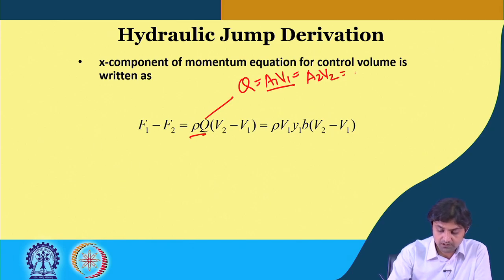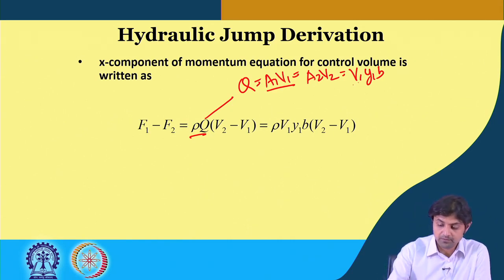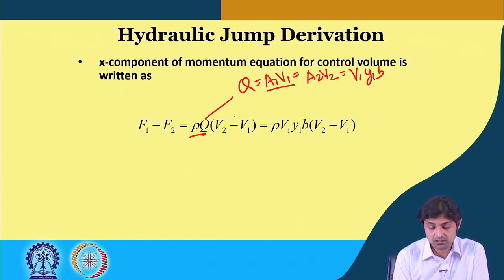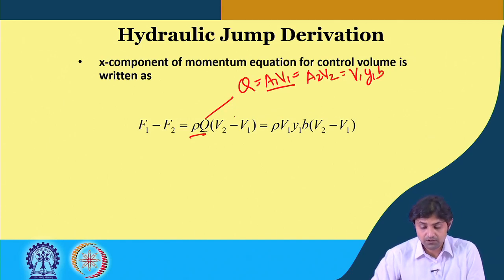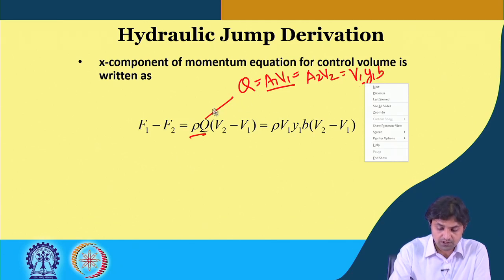A1 V1 is V1 Y1 into B, where B is the width, multiplied by V2 minus V1, the difference of the velocities between sections 2 and 1. So, we can actually use this equation here.